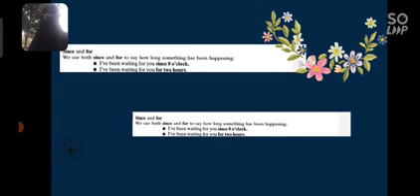Examples for since are 8 o'clock, Monday, May, April, Christmas, lunchtime. And for for, you can say the specific length of time, like 2 hours, 10 minutes, 3 days, 6 months, a week, 5 years.